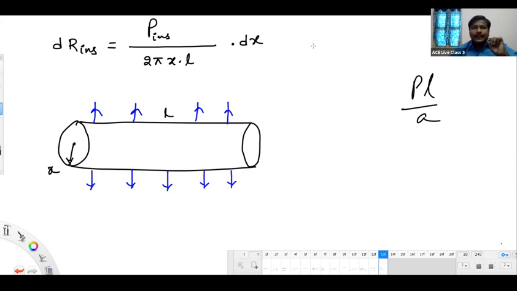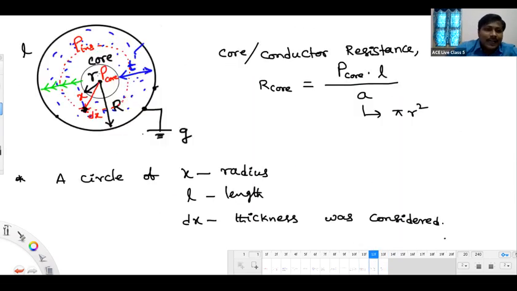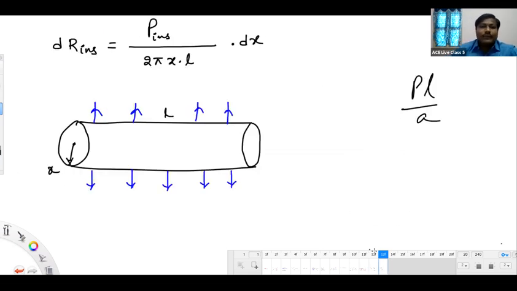Now simply you take the integration, starting from x equal to small r to x equal to capital R. By that way, we are going to get the total insulation resistance of the cable.